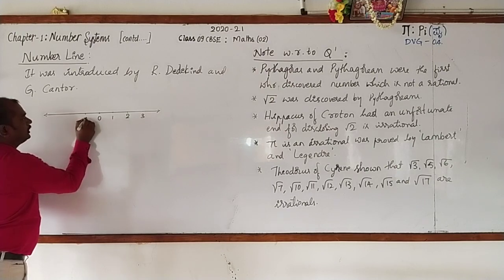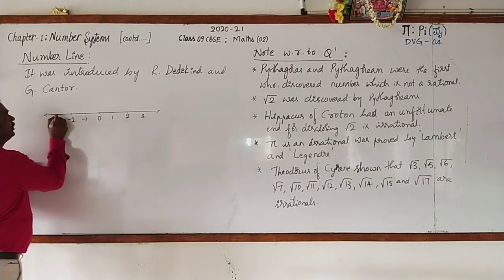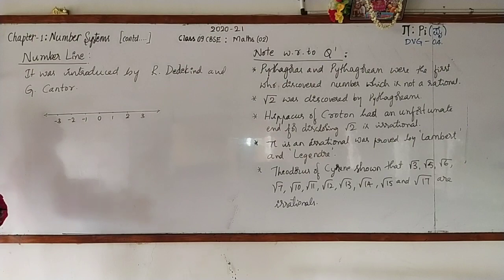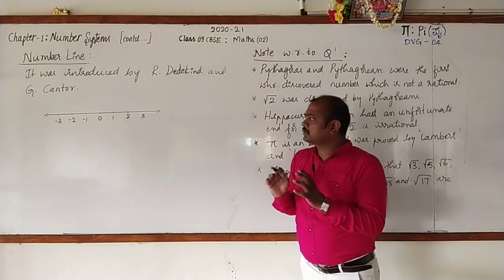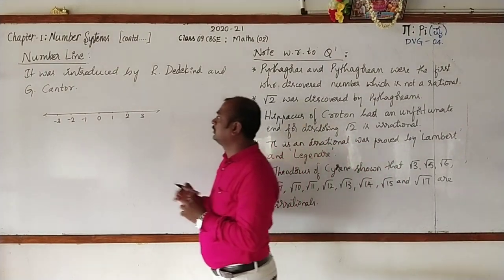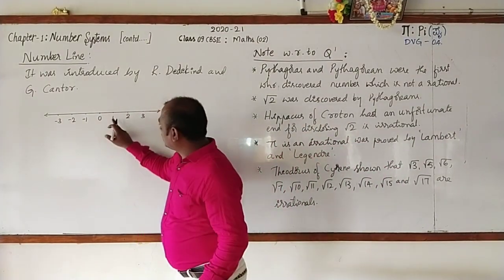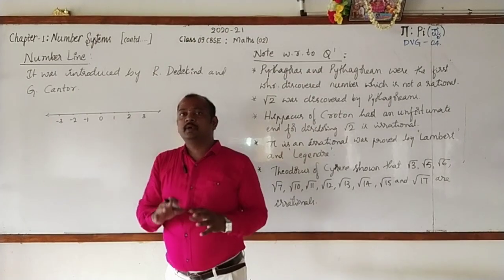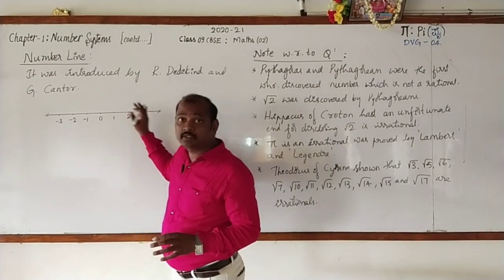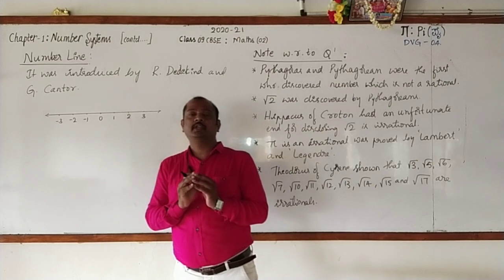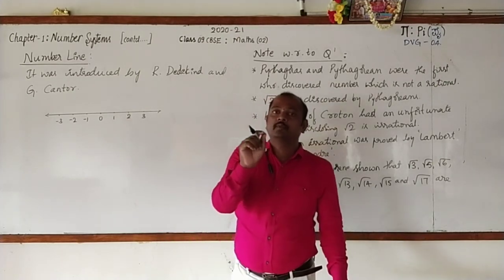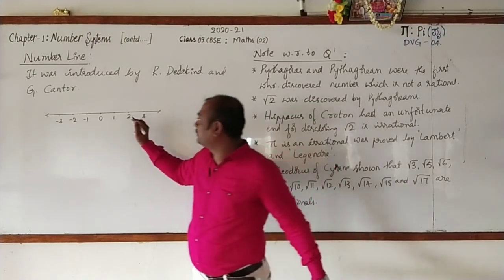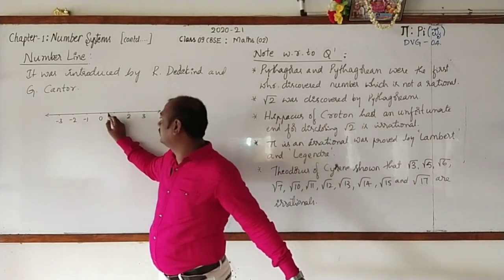Here, -1, -2, -3. And one more thing you must remember, and it is also an important point. Corresponding to any number, there will be a point on the number line. Suppose you take 1/2, and with respect to 1/2, there is a point on the number line here.